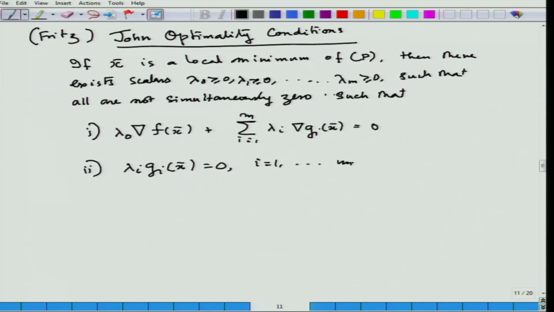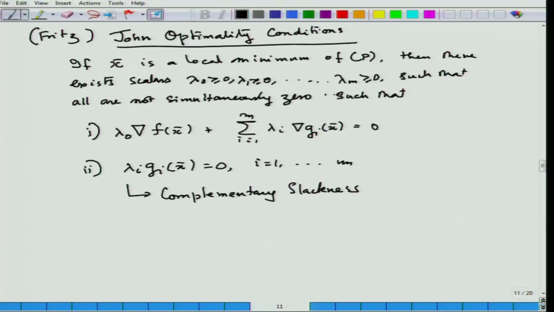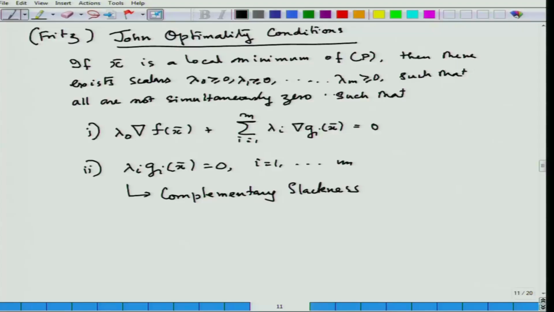The second condition is very important, it is called the complementary slackness condition. It says that both lambda_i and g_i cannot hold with strict inequality at the same time, that is lambda_i strictly greater than 0 and g_i(x bar) strictly less than 0 cannot hold, because then this product would be strictly less than 0.